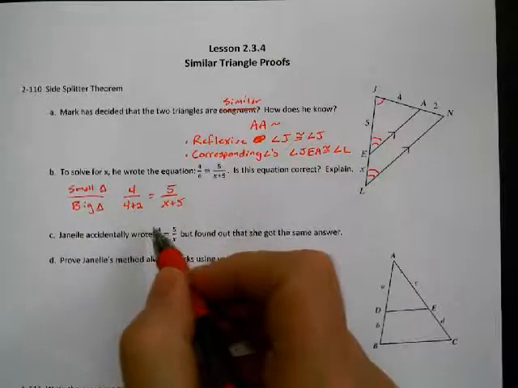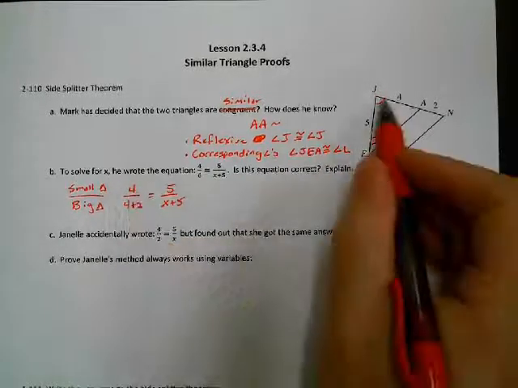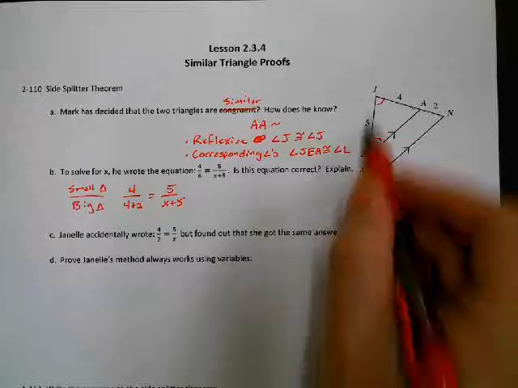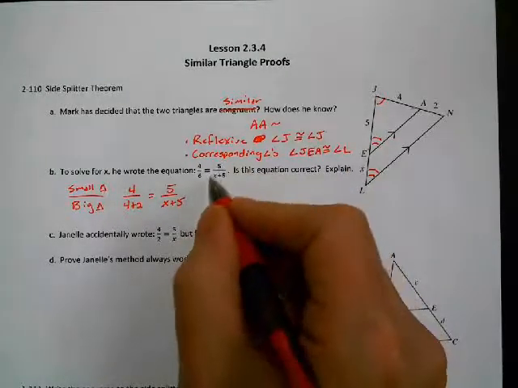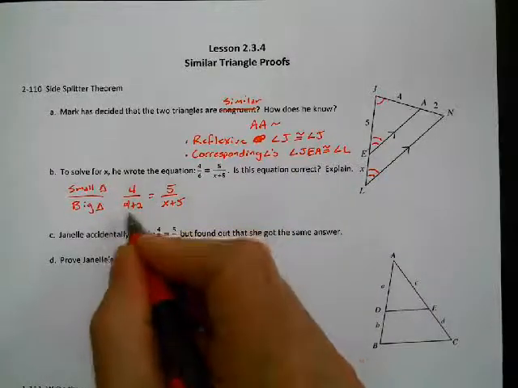So that's what he's comparing them to. And this makes sense because the 4 does correspond to the 6, and the 5 corresponds to this entire side of x plus 5. Now we can use cross products for this one. Remember this is 6 right there.